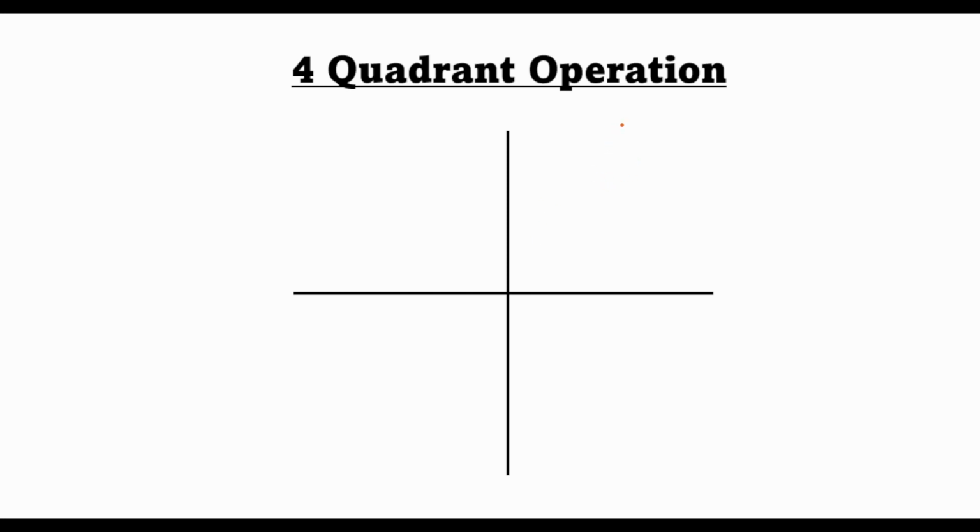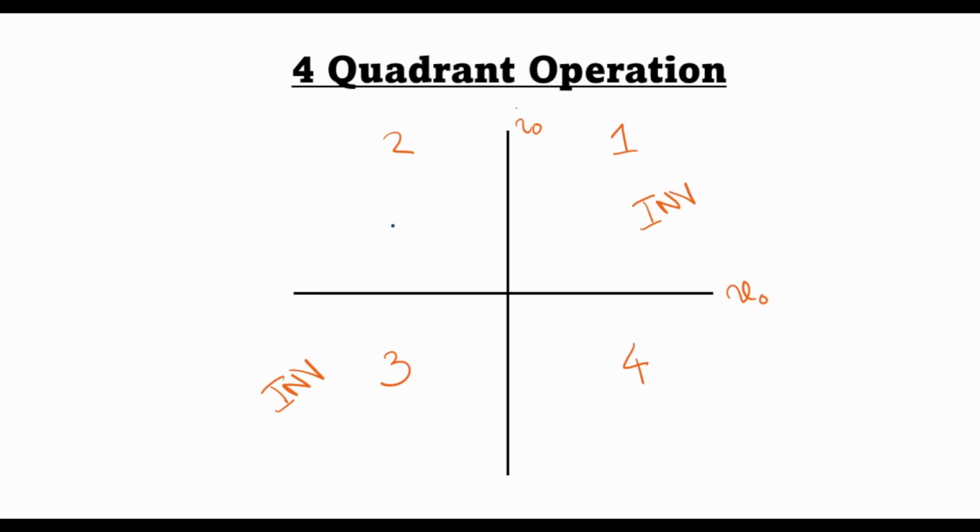So we have 4 quadrants: first, second, third, and fourth. Let me call this V naught and this as I naught. When both I naught and V naught are positive, or both I naught and V naught are negative, we have the inverting mode of operation.